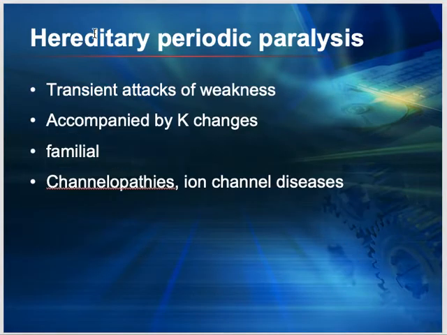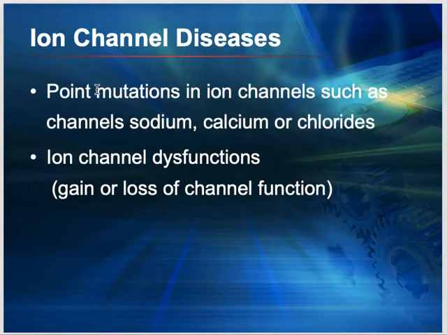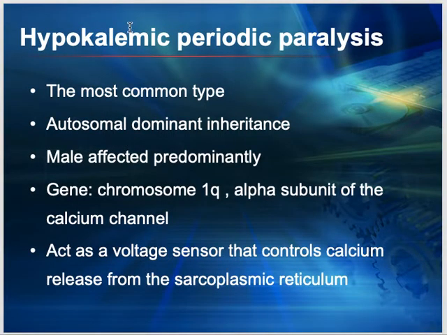Basically, this is hereditary periodic paralysis, in which they have a channelopathy: a mutation in the ion channels for sodium, calcium, and chloride. So it's an ion channel dysfunction. It has autosomal dominant inheritance, and by the way, it's not so important, that's why I'm going a little faster.